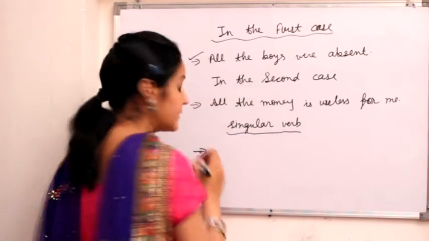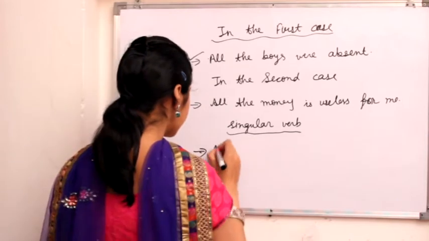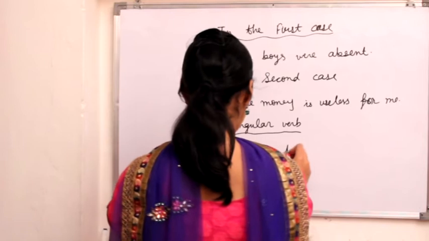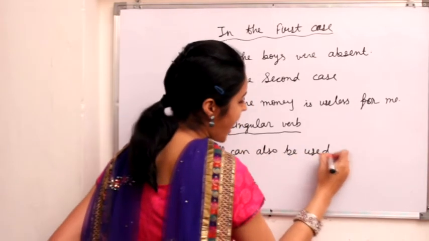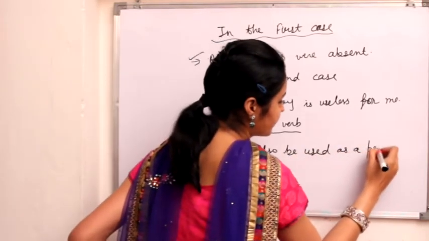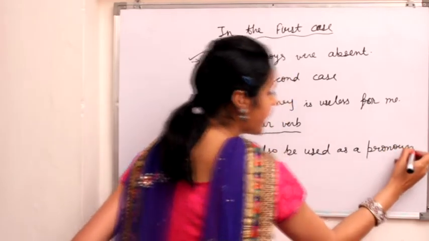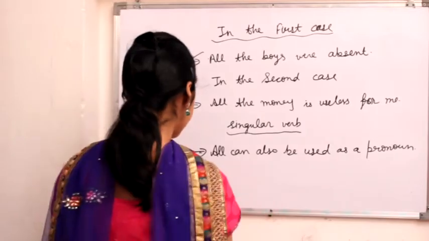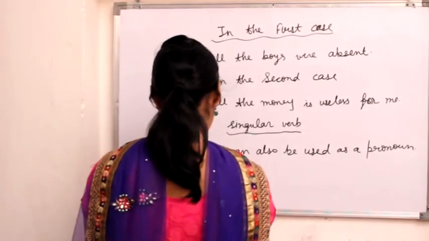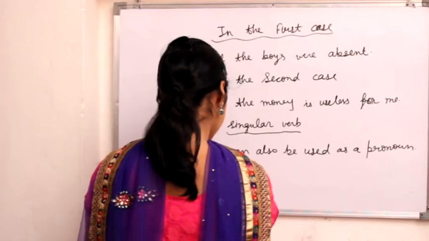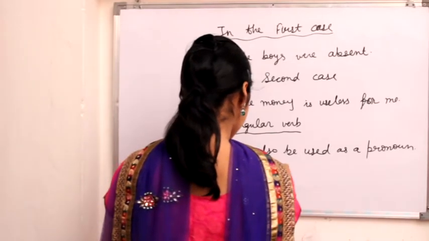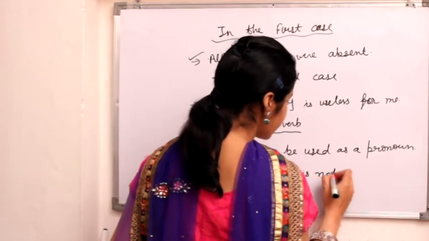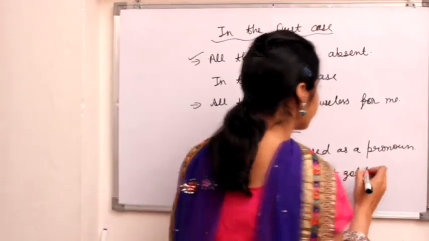And the last is about all can also be used as a pronoun. Okay, it can be used as a pronoun, and I write here, all that glitters is not gold.